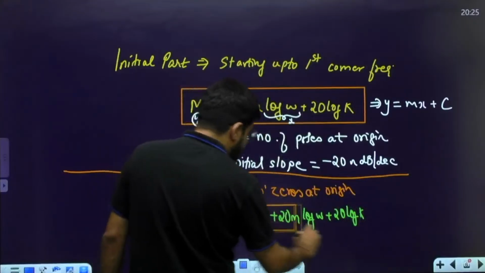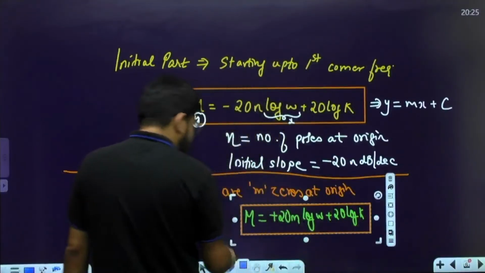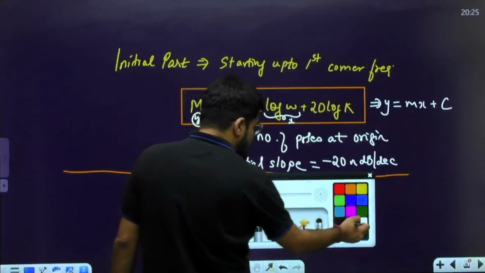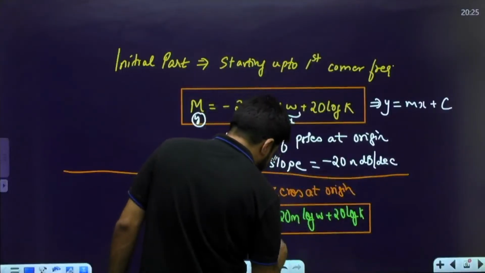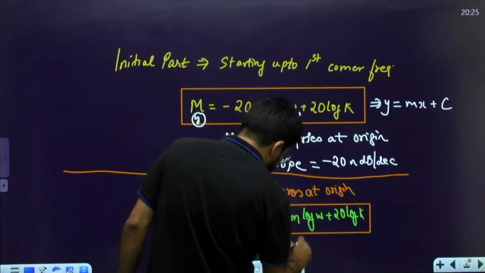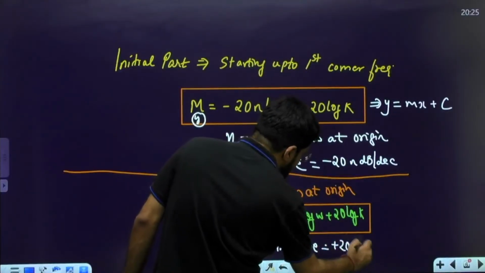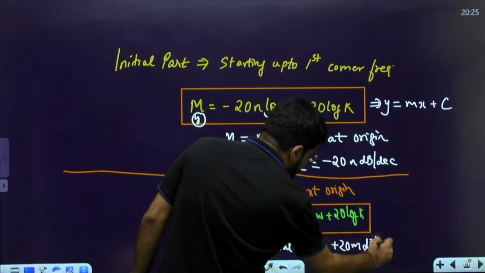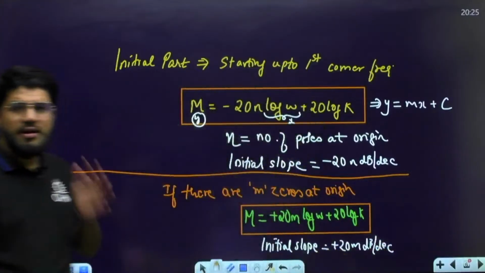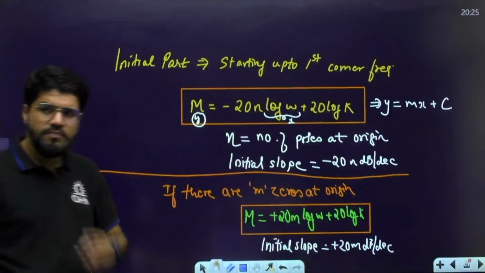That will be the magnitude formula if there are m zeros at origin. In that case, the initial slope is plus 20 m decibel per decade. We will take those problems also.